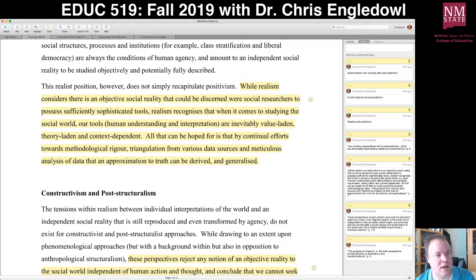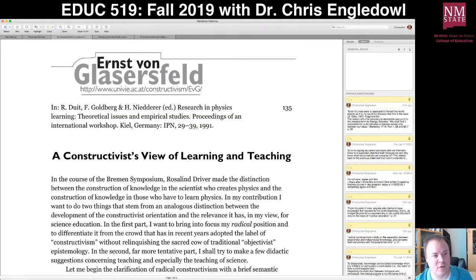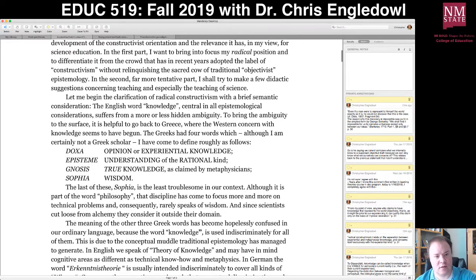So let's move to thinking about the constructivist, which there is some great material in this document also about constructivism. But if we move to the von Glasersfeld article, I really like this piece in the beginning, although you might find it a bit difficult to connect with because it's quite philosophical in its language. I like this piece talking about these different words that exist in the Greek language for knowledge.